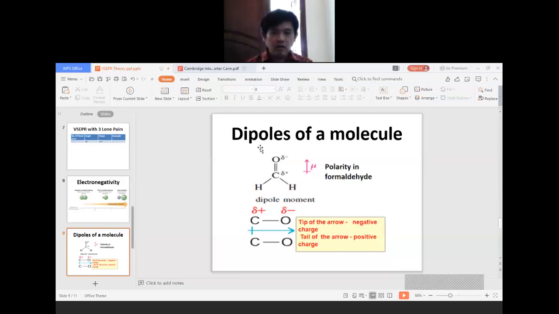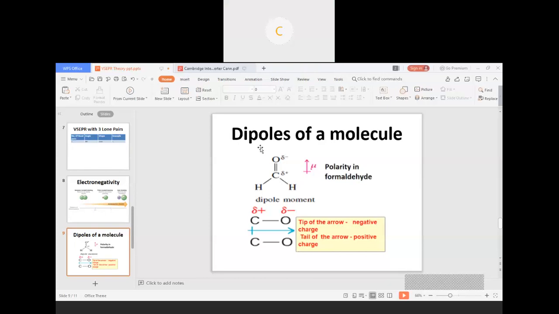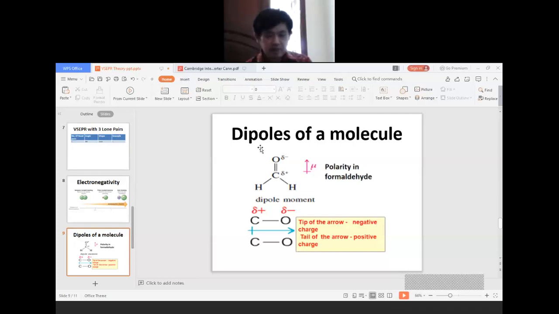It is formaldehyde. What is the bond angle and the shape of the molecule? Bond angle.